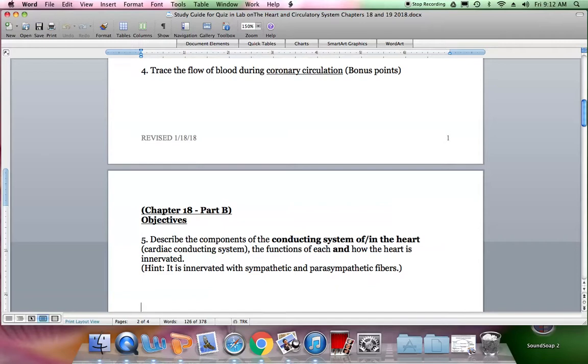And then it goes to the atrioventricular node, and it goes down the atrioventricular bundle, or the bundle of His, straight down in the middle of the heart from the interatrial septum down into the interventricular septum, branches into the left and right bundle branches, and all the way down to the apex or the point of the heart, and then it shoots up throughout the ventricles in what we call the subendocardial conducting network or Purkinje fibers. And this is how the stimulation of the heart muscles occurs.